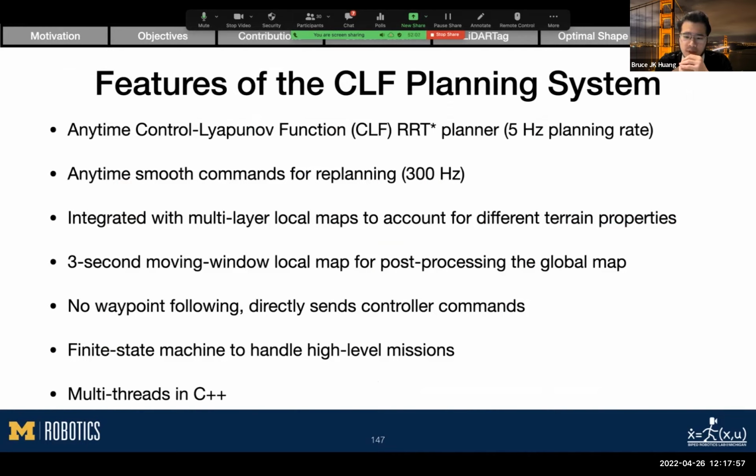Again, because of the CLF, we do not need to do waypoint following. We directly send 3 controller commands to Cassie. And a finite state machine is used to handle different high-level missions. All the code is multi-threaded in C++ and is available online. In the future, we would like to replace the finite state machine with a higher level path planner.